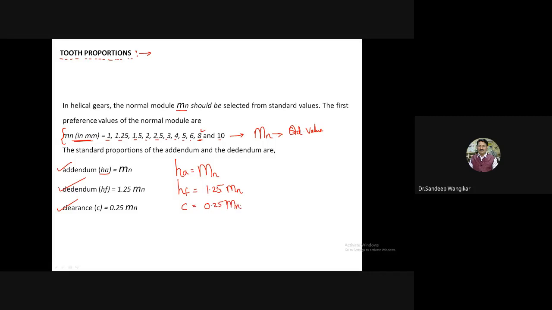So write down these standard first preference values. These values are useful for rounding up. 11 values are there, so we will select the value from these 11 values when rounding up. Then addendum is equal to 1 time the normal module, dedendum is equal to 1.25 times the normal module, and clearance is equal to 0.25 times the normal module.